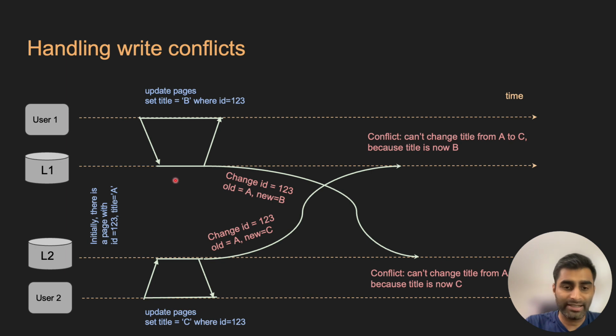So it sends the request to leader 1 and user 2 is sending the request to leader 2. Now each user's change is successfully applied to the local leader. So for user 1, the local leader is L1, and for user 2, L2 is the local leader. However, when these changes are asynchronously replicated, a conflict will be detected. This problem won't occur in a single leader database. When L1 and L2 try to merge their changes together, there's a conflict.